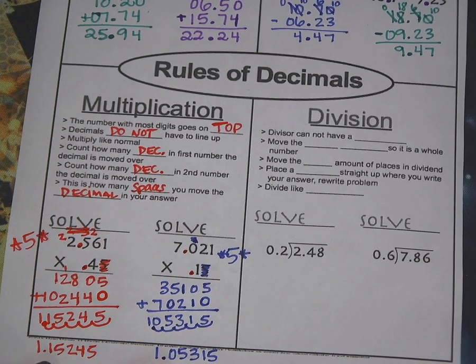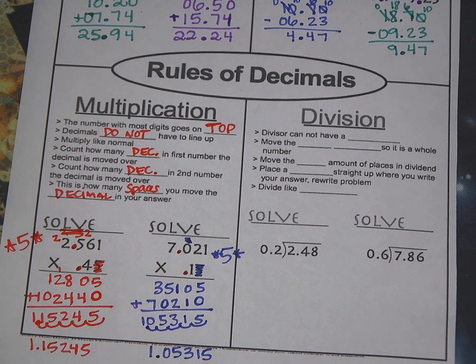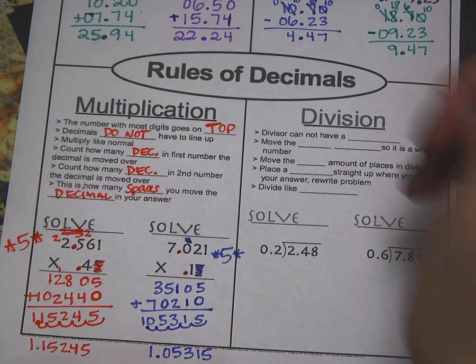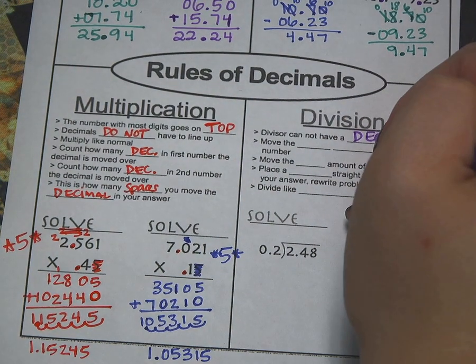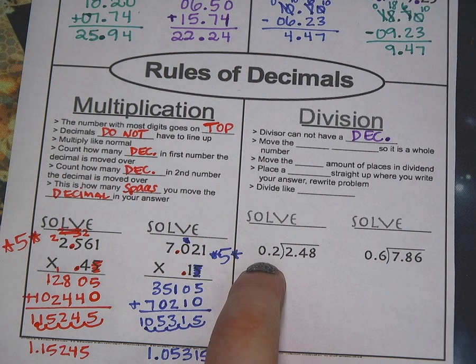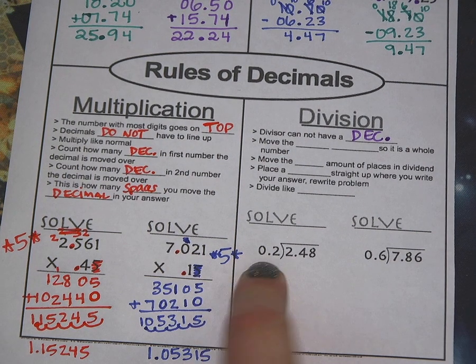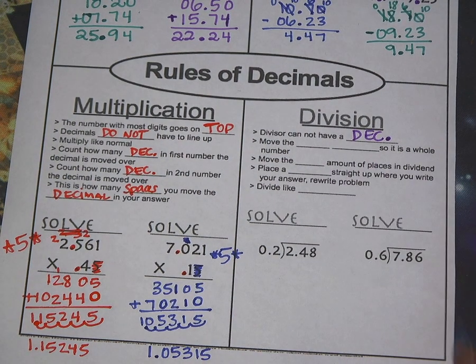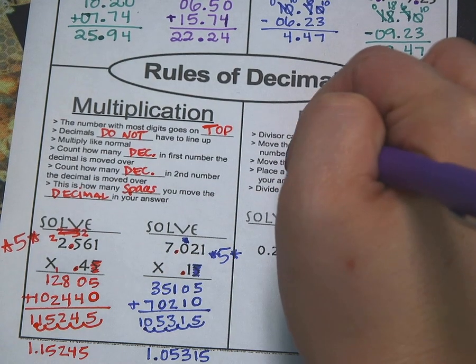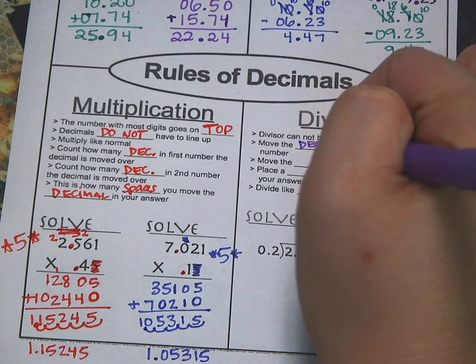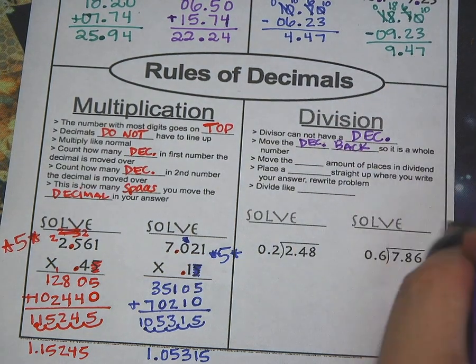All right, our last one is division. So when we're dividing decimals, we cannot have a decimal outside of our division house. So our divisor cannot have a decimal, okay? So if you are looking and you see the outside number, our divisor, has a decimal, then we have to get rid of it, okay? So we're going to move the decimal back so that it looks like a whole number.